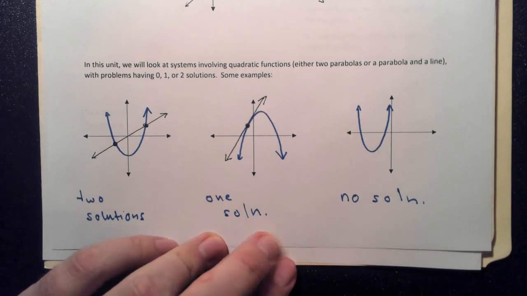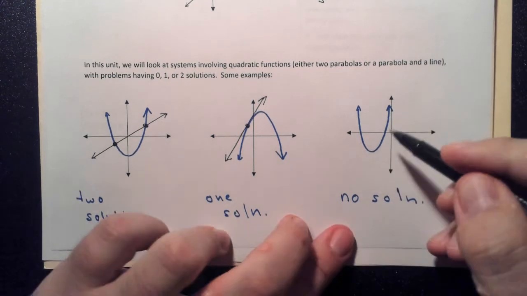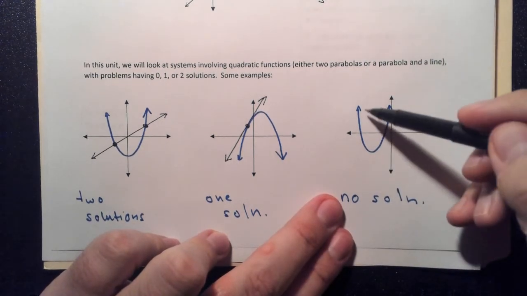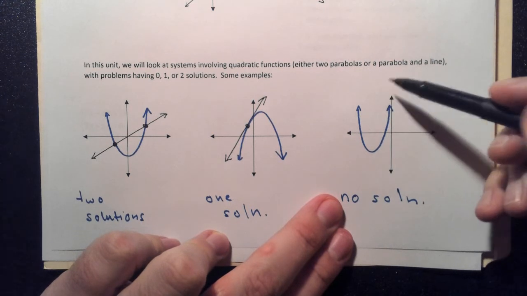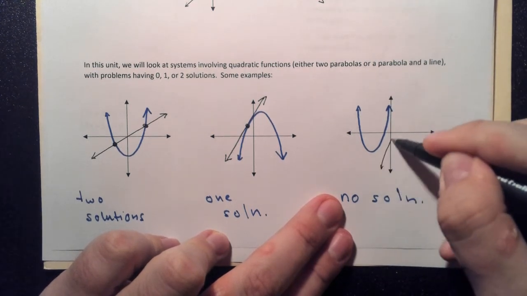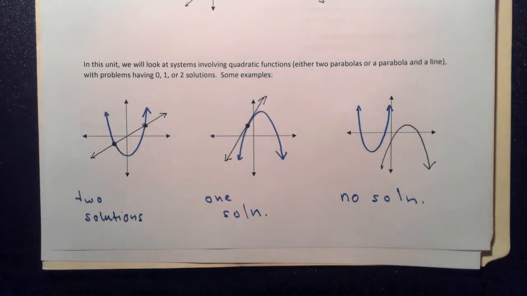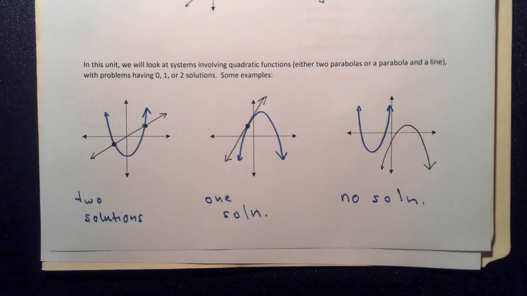And if I want no solution, then I would want either a line or parabola that just misses this parabola entirely. It could be a parabola sitting inside here, or a line or parabola completely outside the first one. This will be mainly what we are looking at this year, but again, that's looking ahead a little bit.